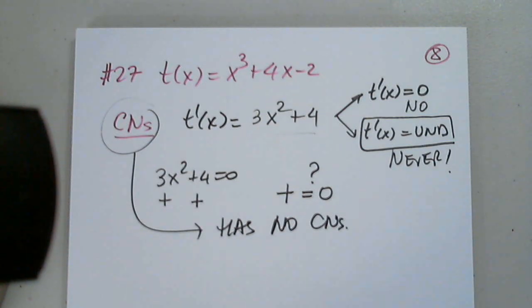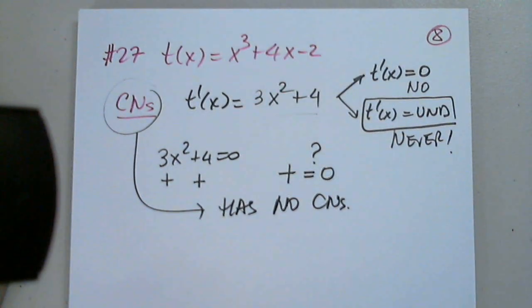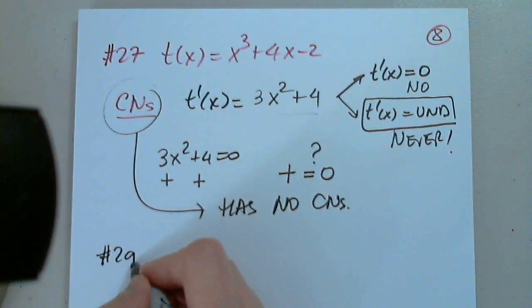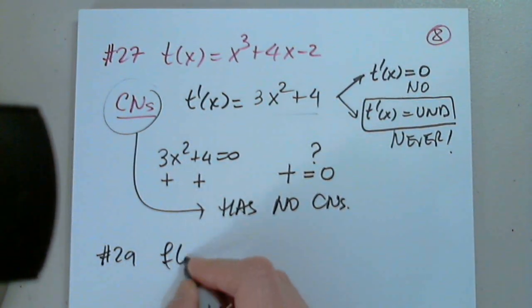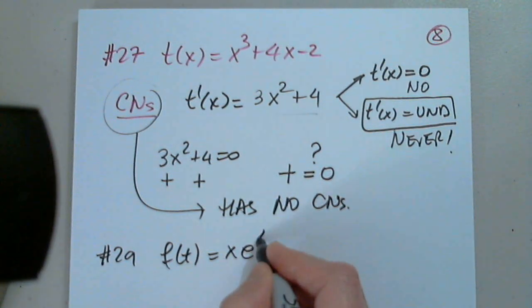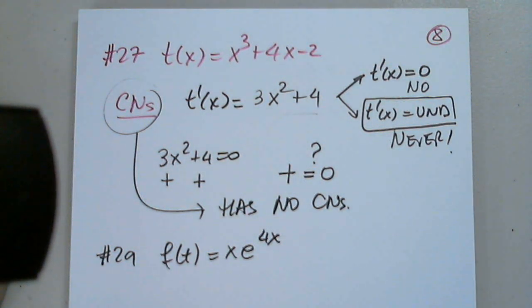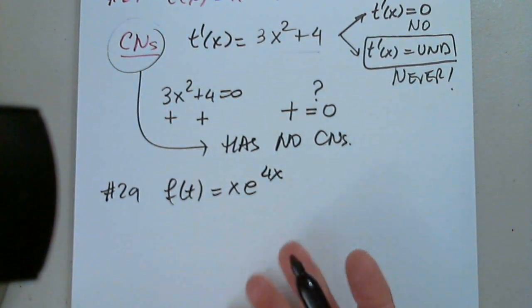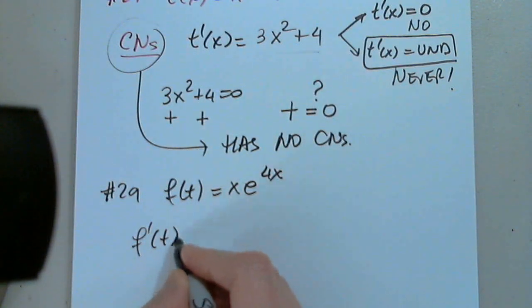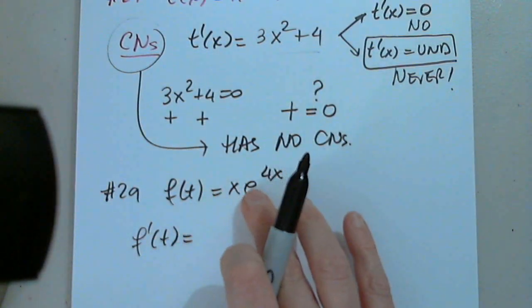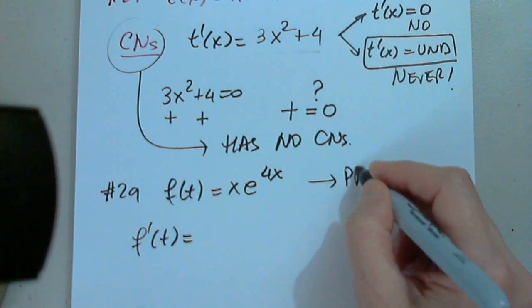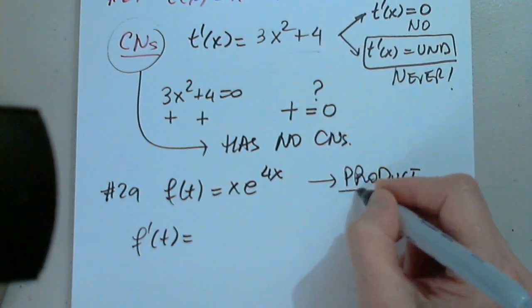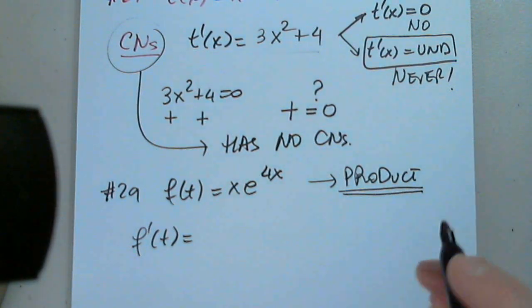Okay, so let's start. Do I have time? 29. We'll stop when you tell me. So we have x e to 4x. As you see in this book, a lot of these problems are quite sophisticated. The same question: I have to find f prime. But here I have to carefully look and see a product, so I have to apply the product rule.